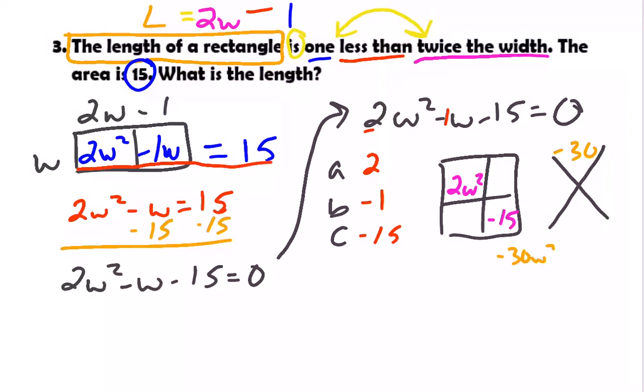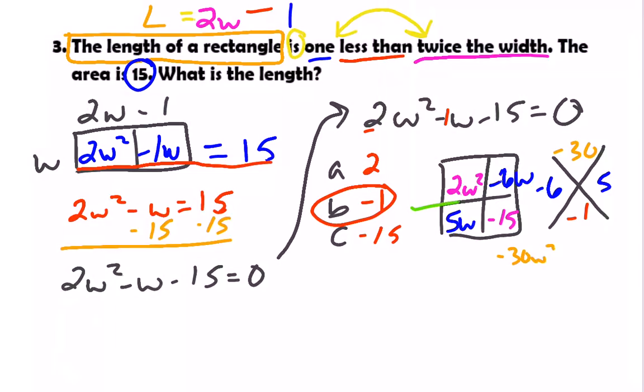Then our b from earlier goes at the bottom, and now we're looking for the two things that multiply to negative 30 and subtract to negative 1. So that's going to be 6 and 5. One of those is negative, needs to be the negative 6. So negative 6w, didn't draw a big enough box, what else is new, and 5w.